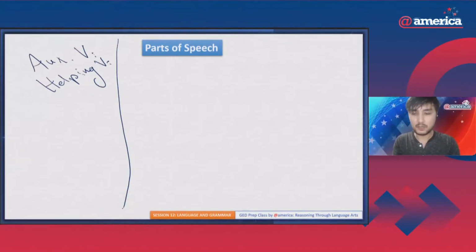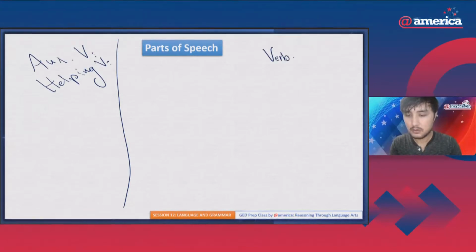Auxiliary verbs are a type of verb. Let's write down here verbs. You have different types. You have main verbs and helping verbs.